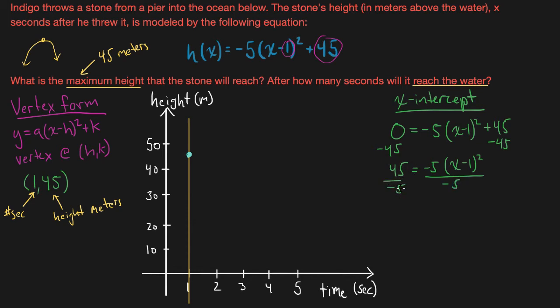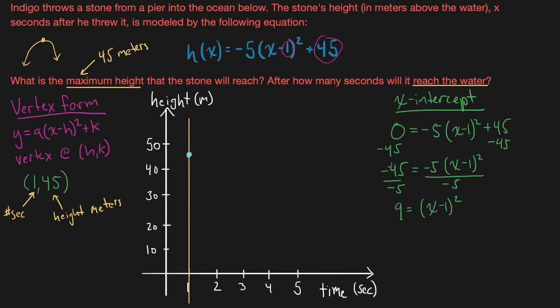So 45 divided by -5, we have, actually I've made a mistake here. 0 minus 45 is -45. There we go. So -45 divided by -5 is 9. And on the right-hand side, -5 divided by -5 is equal to 1. And so we are left with just (x - 1) quantity squared.